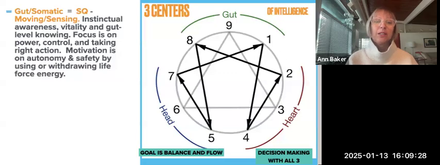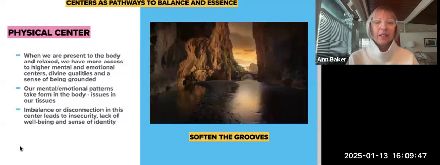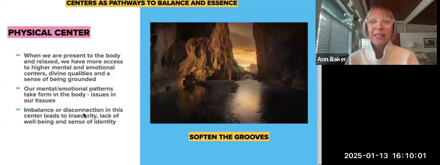So the 8s use their life force energy and project it out to be powerful. The 9 tends to withdraw their life force energy, and the 1 has a mix of both. The physical or the somatic is really key to our growth and transformation, because a lot of our ego patterns are connected to the sense of safety in the body.